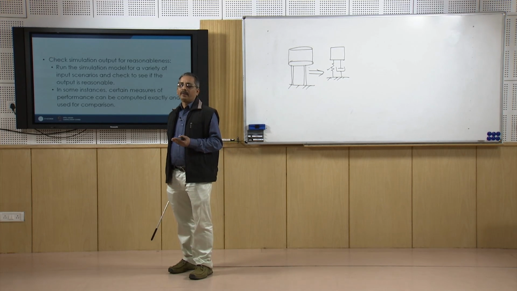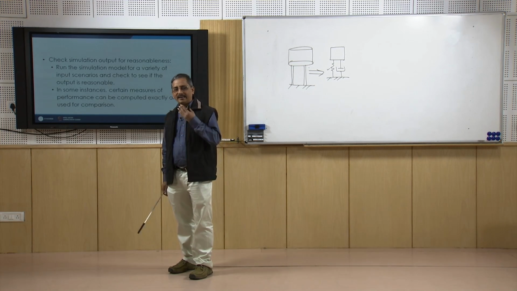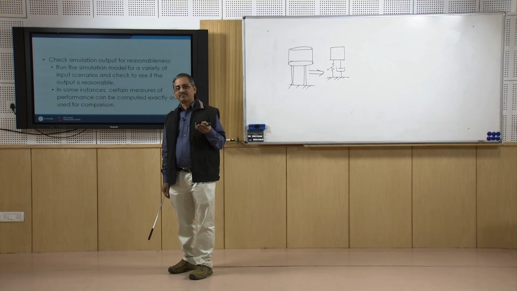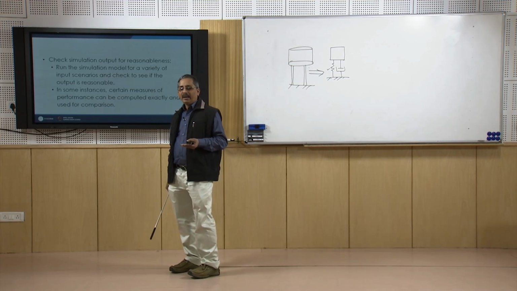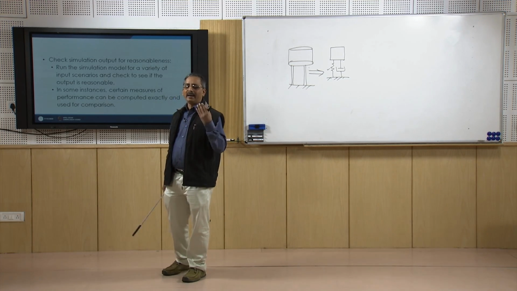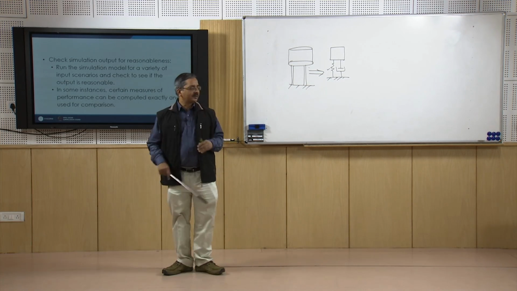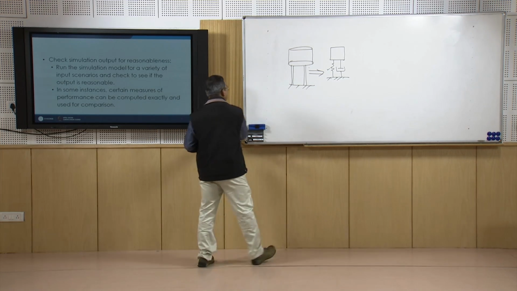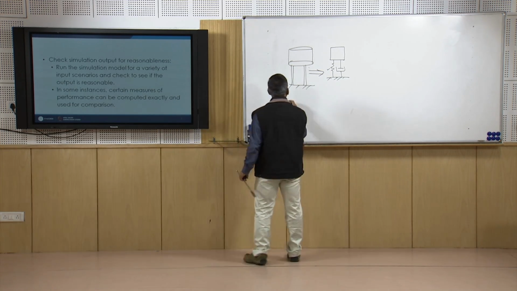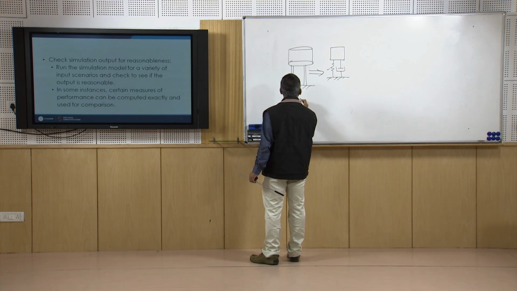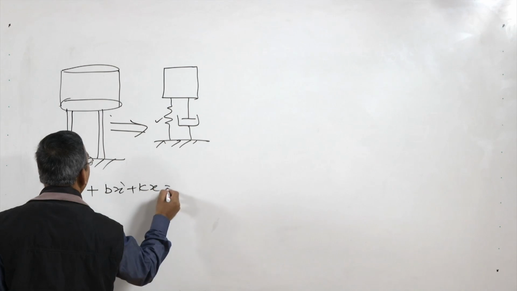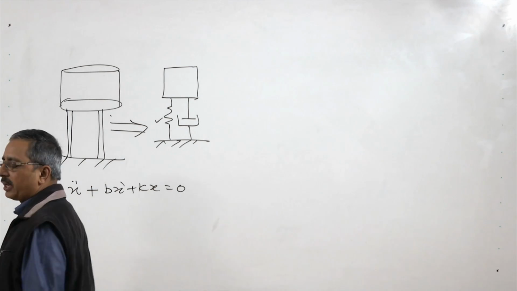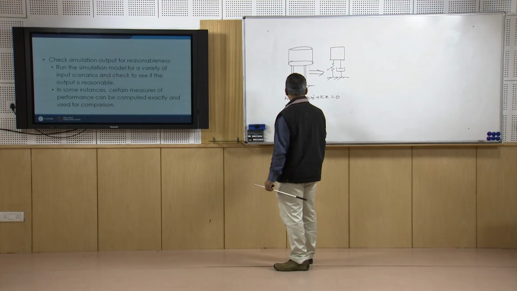So, for example, if I take the case of a simple spring mass damper system as I have shown here, the system equation we know is mx double dot plus bx dot plus kx is equal to 0, if I am talking about the free vibration case.